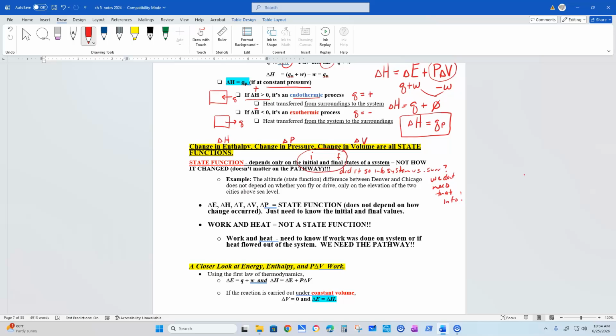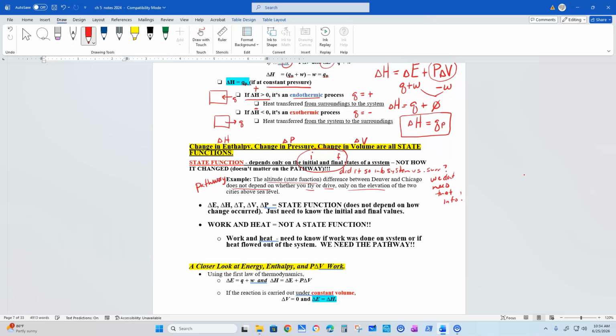Okay, so an example of this, what do I mean by the pathway? The pathway is how it actually got there. So let's say we take a trip and we want to see what the difference is between Denver versus Chicago. If we start in Denver and we go to Chicago, well, the altitude is a state function, okay? Now, it doesn't depend on whether you fly, drive, or whatever.